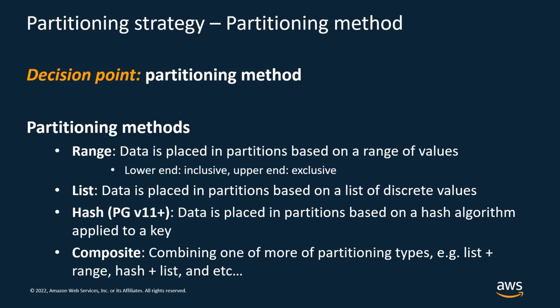Postgres supports partitioning by range, by list, or by a hash function. With range partitioning, data is placed in partitions according to a range of values, for example, separating data by sales date, emission date, and so on.